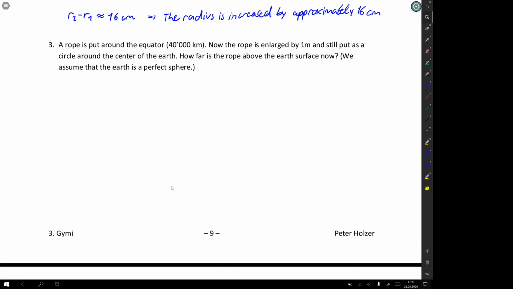In example 3, a rope is put around the equator, assuming that the Earth is a perfect sphere. Then the rope is enlarged by 1 meter, and we want to know how far now the rope is away from the surface of the Earth. This means we have to find the radius of the Earth and the radius of the new circle with the enlarged rope.